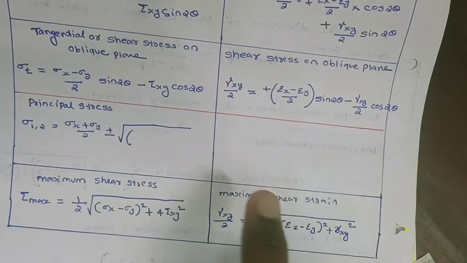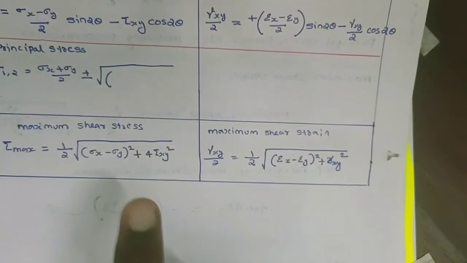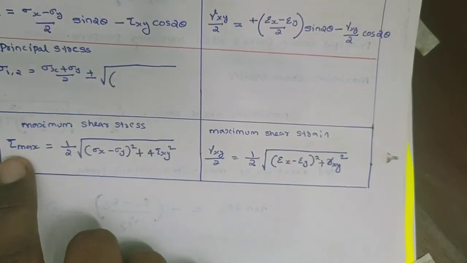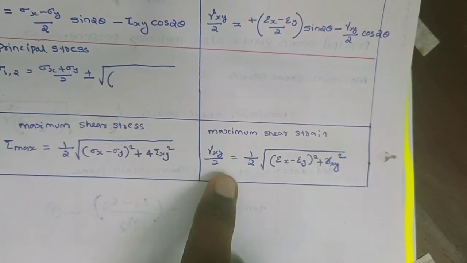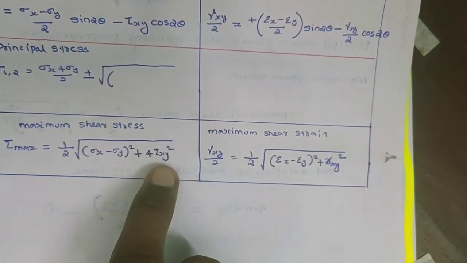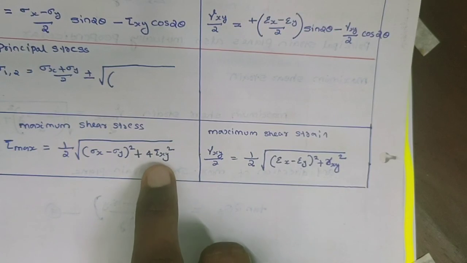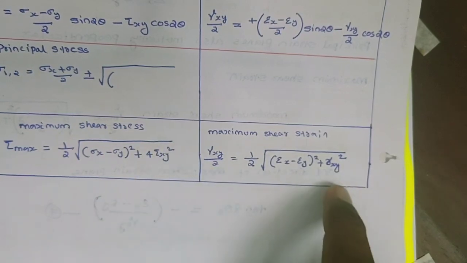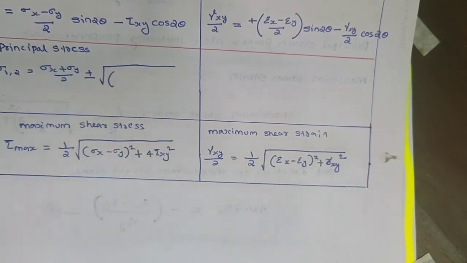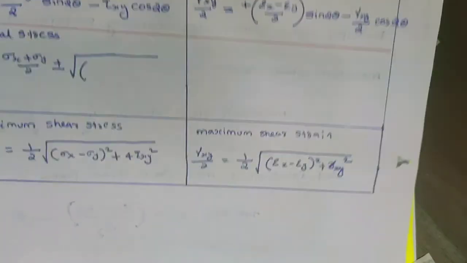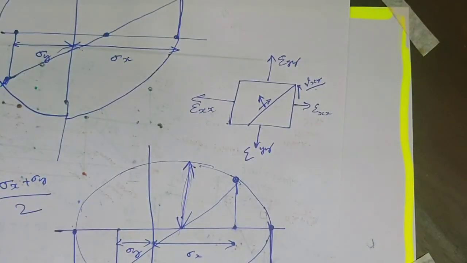And the principal stress and principal strain are the same. Here also tau max is replaced with gamma xy by 2. Tau xy square is actually gamma xy by 2 whole square, so 4 and 4 cut each other. Okay, so this is the analogy between stress and strain.